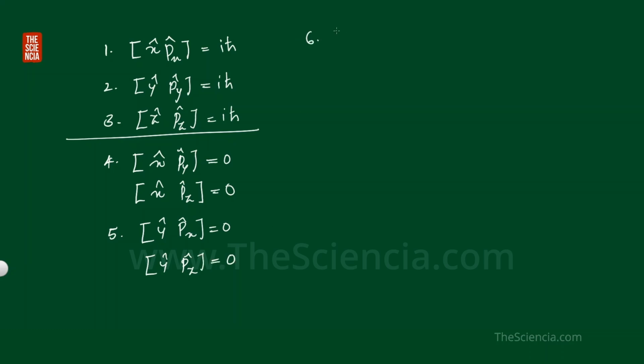The sixth combination, z cap px cap, is 0, and z cap py cap is also 0. Please solve these equations and verify by yourself. Earlier, when we were discussing the properties, I told you one thing: if the commutator bracket of two operators is equal to 0, then we can say they commute with each other.